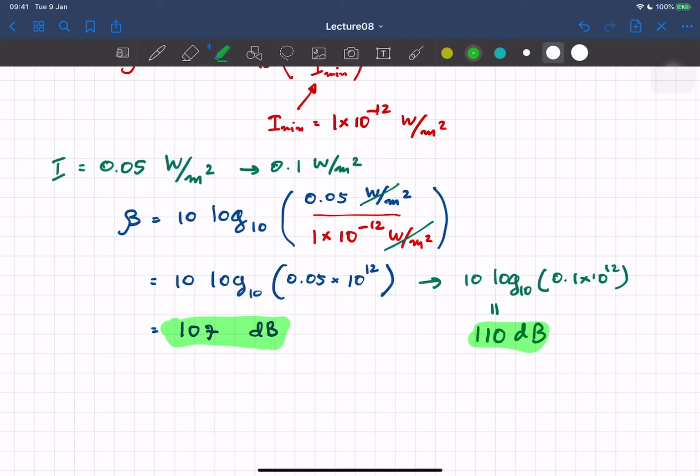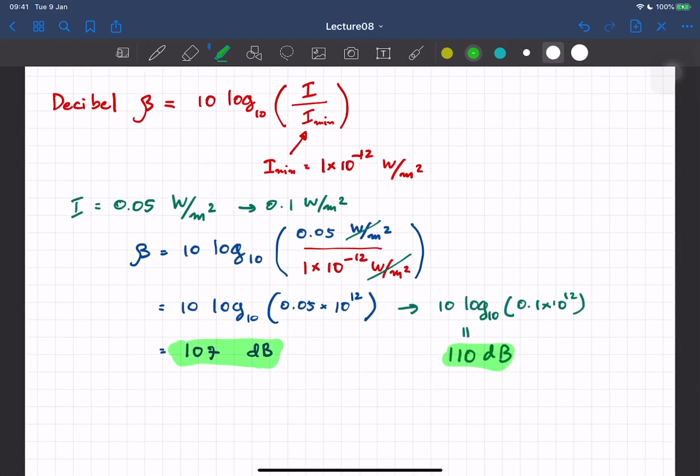It's not double, it's only increased by 3. So this is a major difference between using a decibel scale and the intensity itself. So be very careful when you calculate this, because believe it or not, you're going to forget when you do the problems on the midterm.